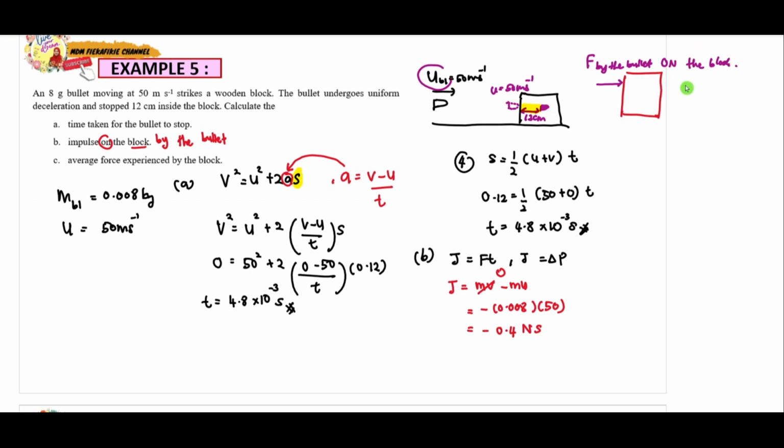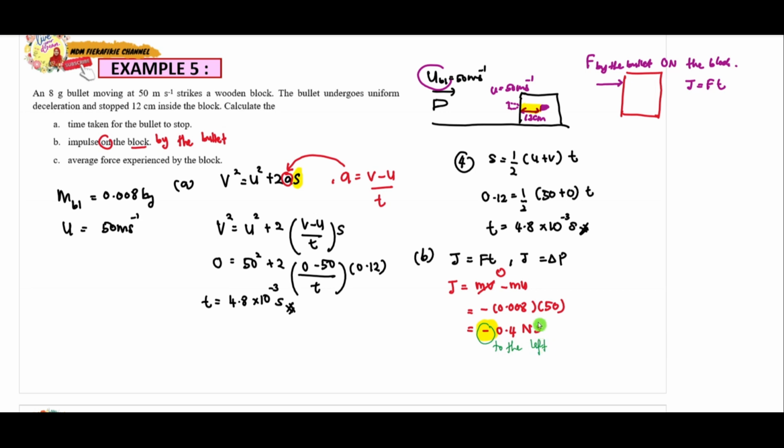Because we know the formula impulse J is equal to Ft. So if the direction of the force exerted by the bullet on the block is to the right, impulse is also to the right. But in this case, jawapan kita dapat negatif. So bila jawapan kita dapat negatif, we consider the direction here is to the left.